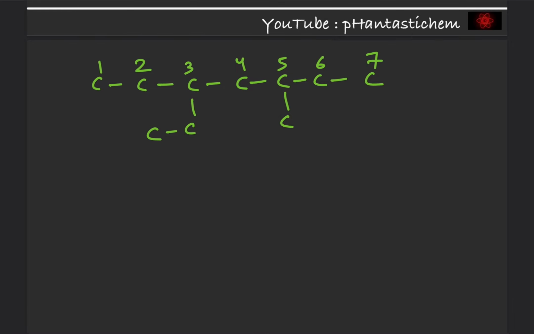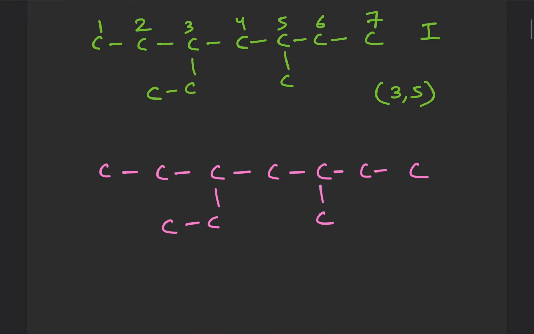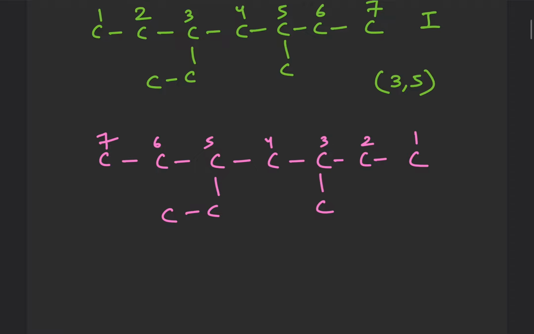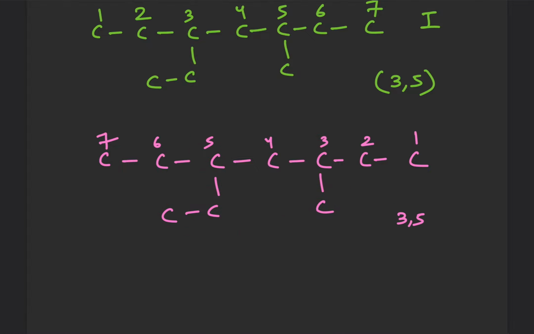In that case, the locants of the substituents are 3 and 5 respectively. There is one more way in which we can number them. We can start from the right end, and the locants are again going to be 3 and 5. So this is the second way.